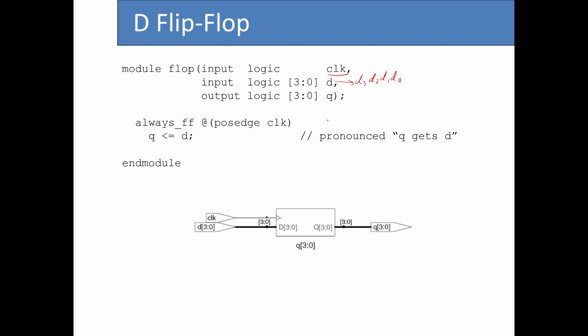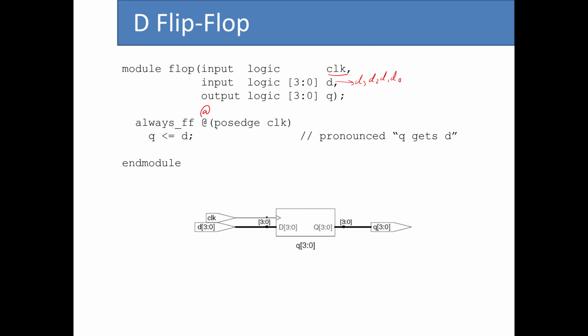Now to give the functionality of the flip-flop, we use always_ff, which is the keyword used for defining flip-flops, and then the @ sign, and inside the parentheses we have the sensitivity list. Since flip-flops are sensitive to the edge of the clock, the one that we want to create is sensitive to the positive edge of the clock, or the rising edge of the clock.